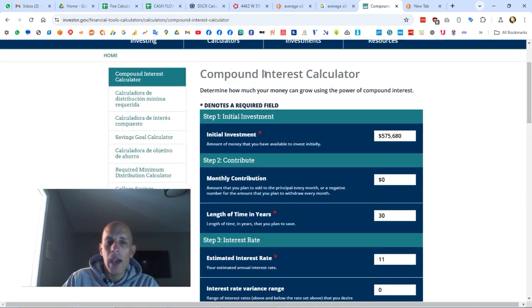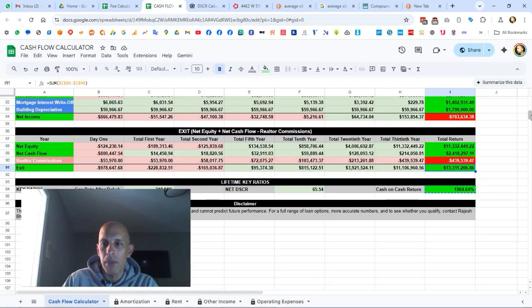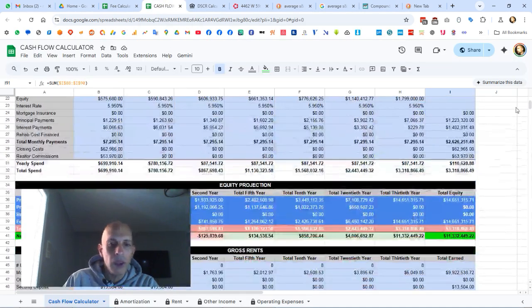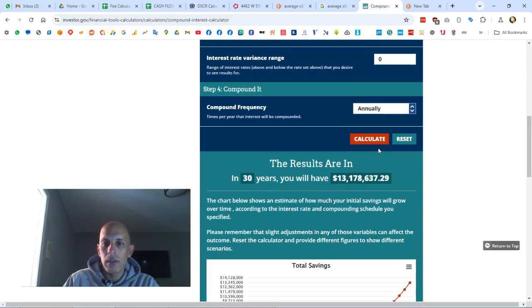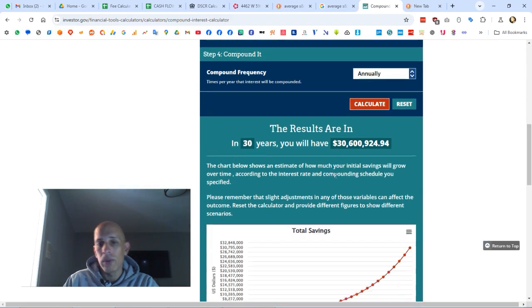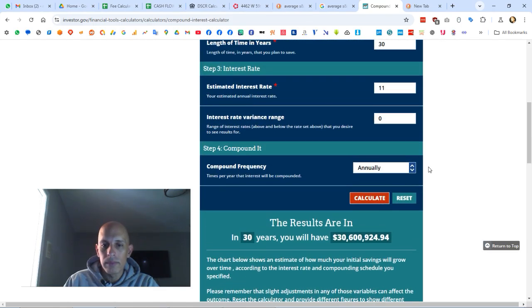Now let's see what happens if you were to put that same monthly payment into it out of pocket, right? So that's $72.95 in debt payments. So that's your monthly contribution here. So let's see, I'm guessing it's probably going to be like 50 to 60 million. No, 30 million.